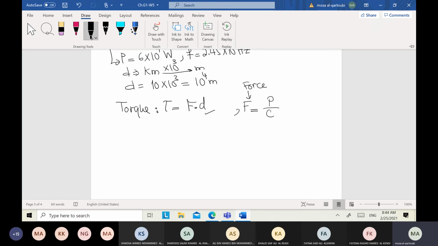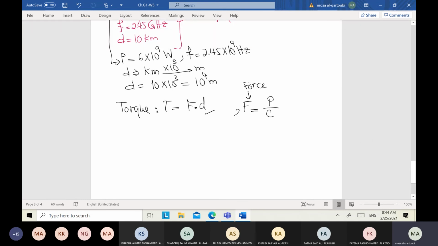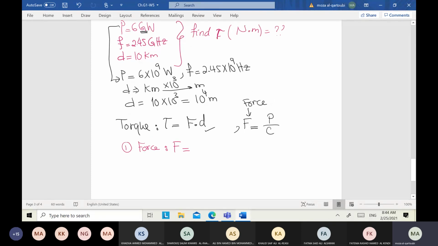Power was given in gigawatt and we changed it to watt, and C is a constant equal to 3 times 10 to the power 8. So step one is to find the force. Force F equals P over C, which is 6 times 10 to the power 9 watt over 3 times 10 to the power 8 meter per second.